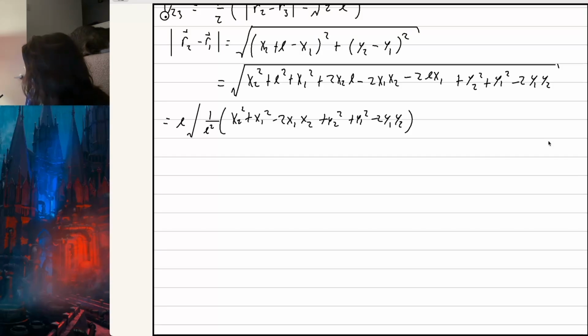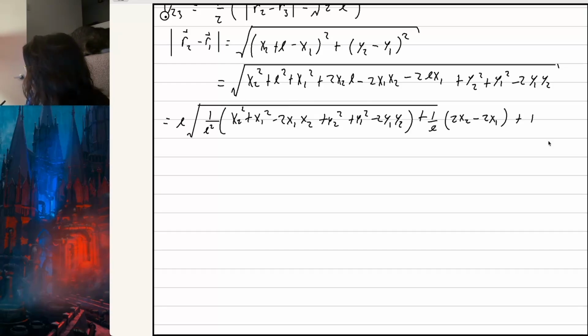And then anything that had a single L term will just be divided by L, so that's plus 1 over L times 2x2 minus 2x1. That's it. And then we had one term that was just L squared, so that's just going to be 1 now.